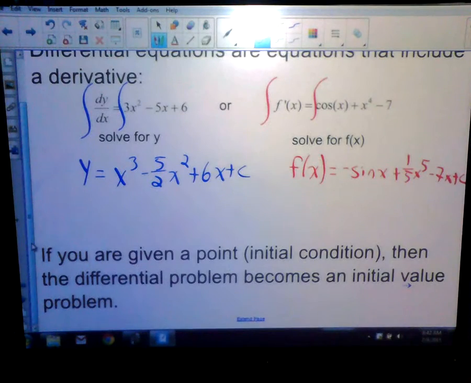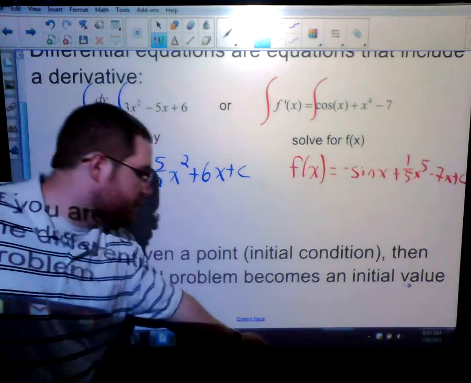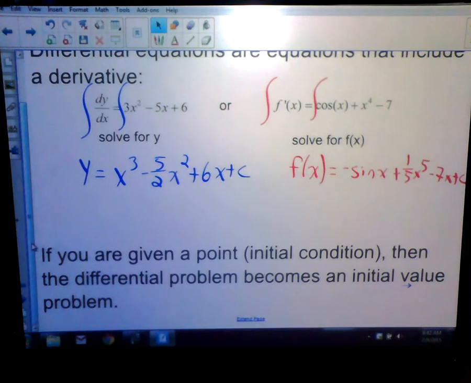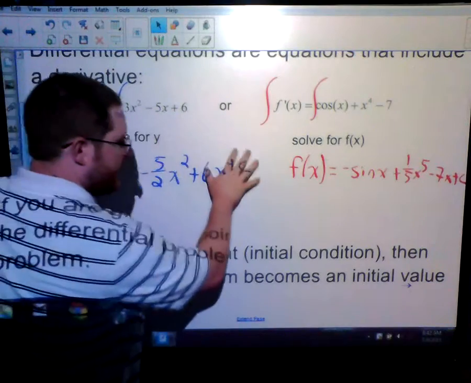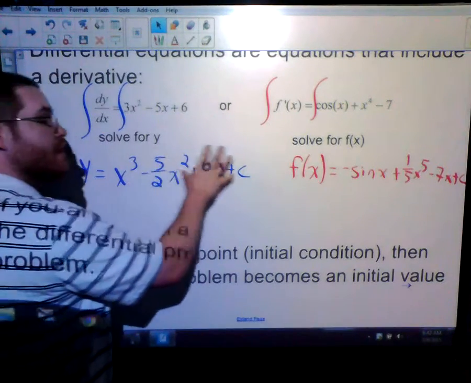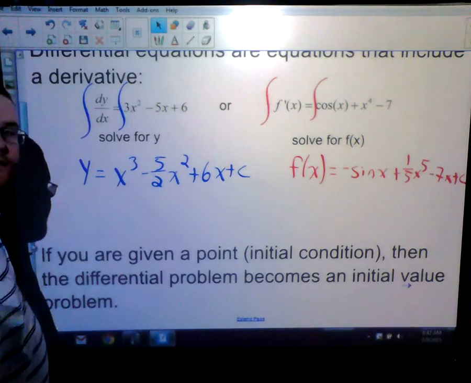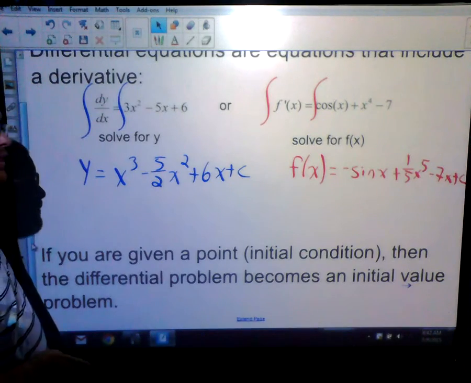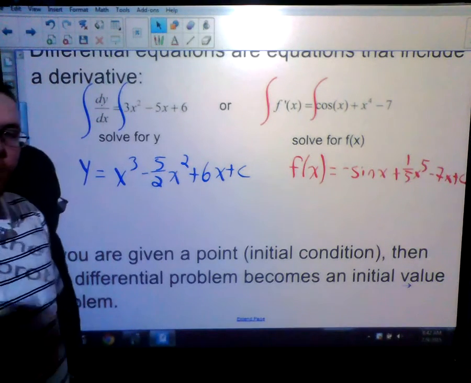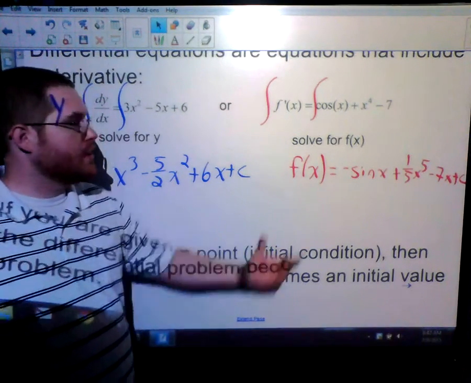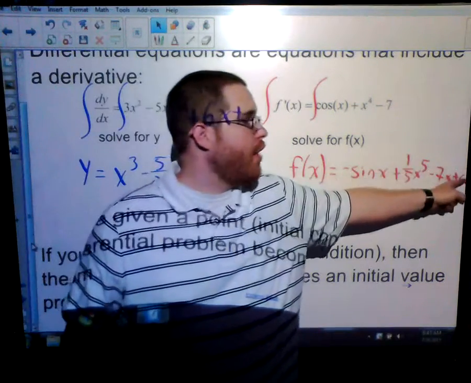If you are given a point, though, then that's a different problem. It's no longer a differential equation, it's an initial value problem. Now what's that mean? Well, how many graphs are right here? An infinite number. But how many of those graphs go through a given point? Only one. Just like over here, this is an infinite number of graphs.